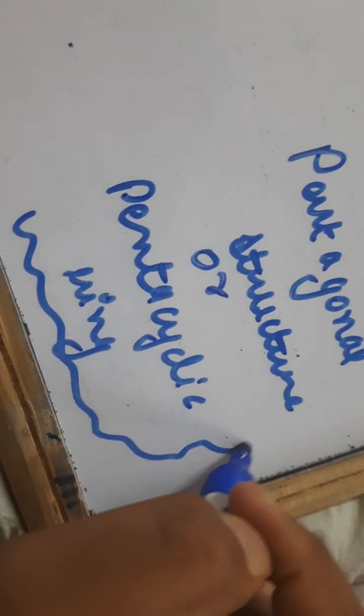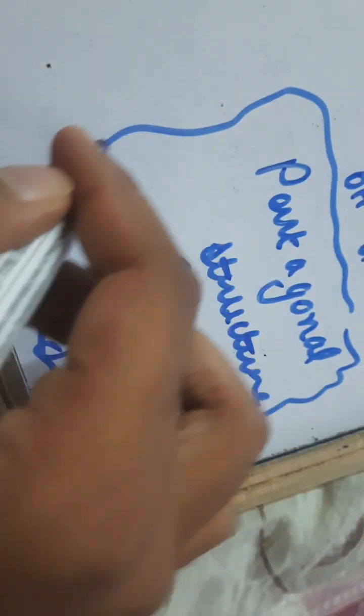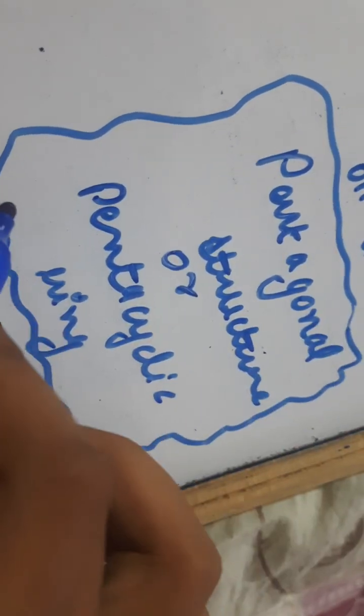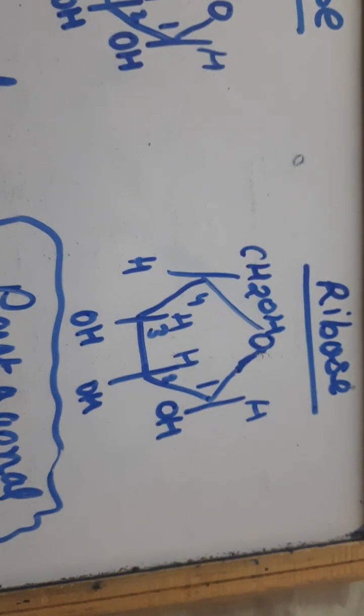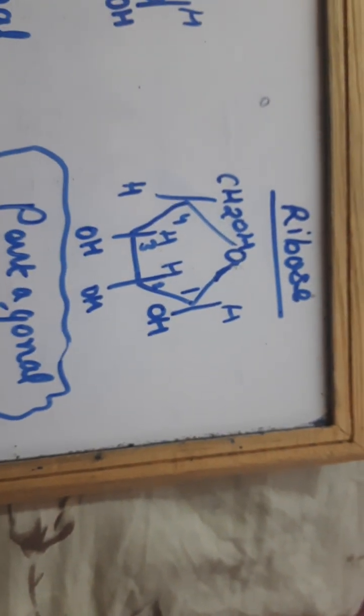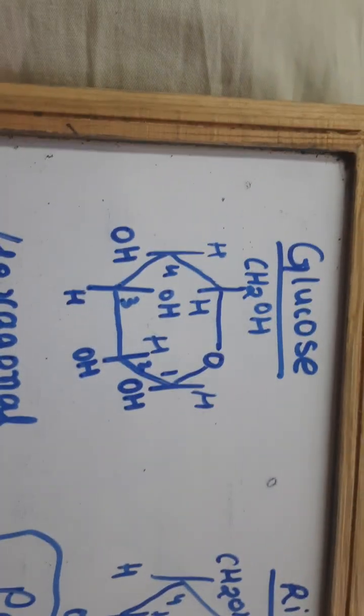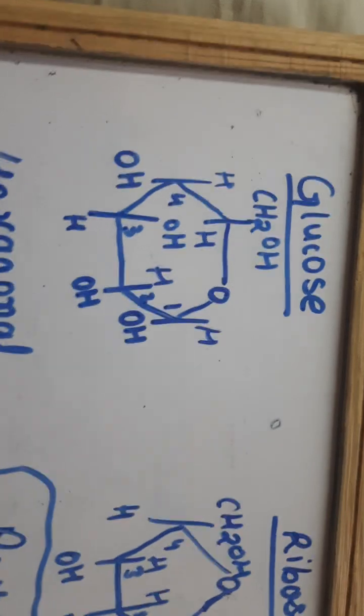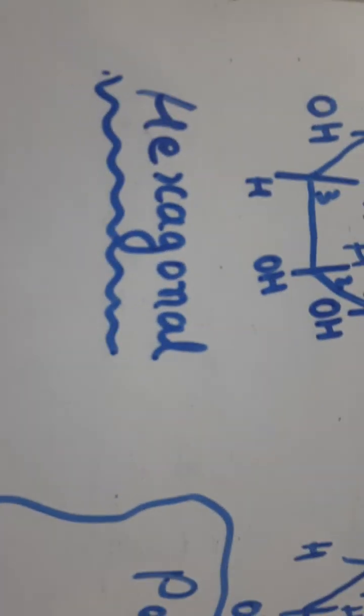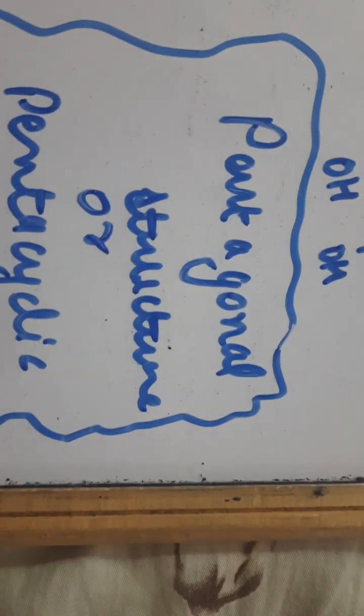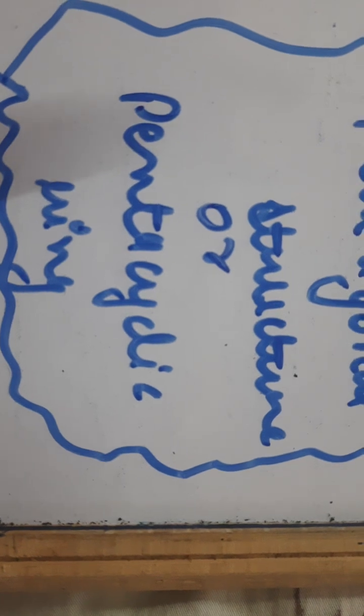Got it? So this is the structure of ribose, and this is the structure of glucose. Hexagonal and pentagonal structure. So the first subtype, monosaccharide, is done. Now we come to derived monosaccharide.